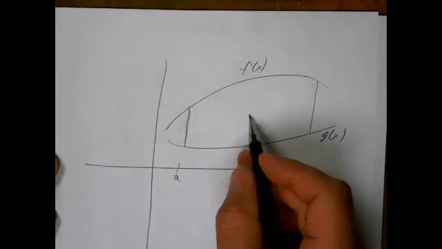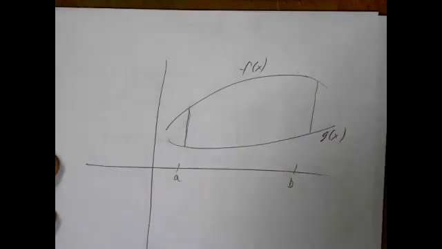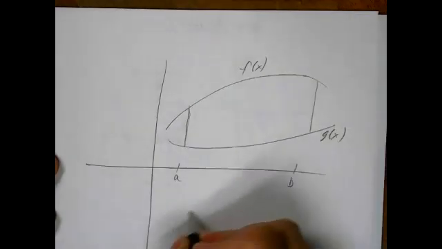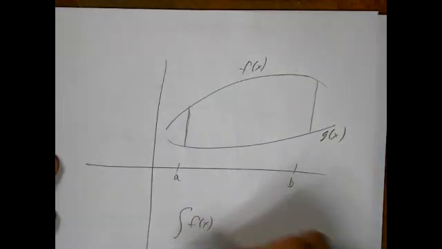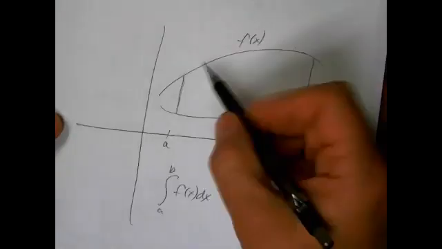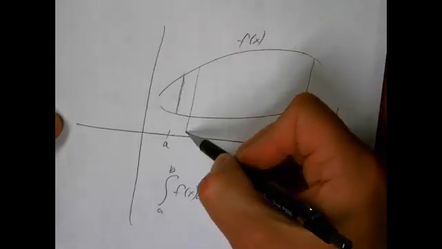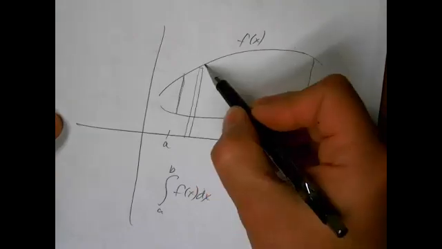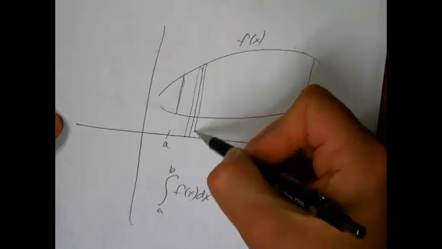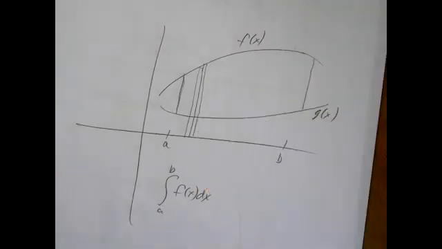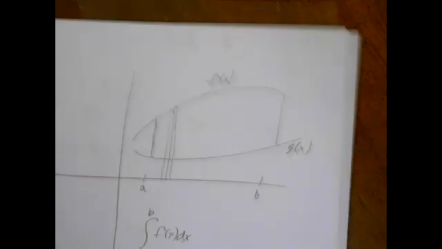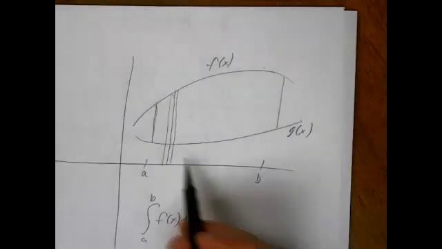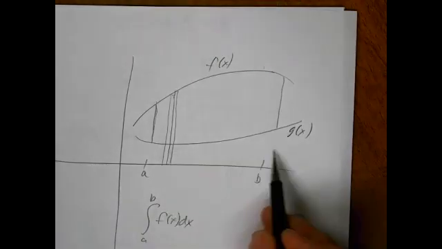If this is the area you want, then what would happen if you were to integrate f of x with respect to x from A to B, the area you would get would be this entire area. If you want to draw a sample Riemann rectangle or two, the area you would get from that would be that area, which is actually larger than the desired area. It is including a region down here we don't want.